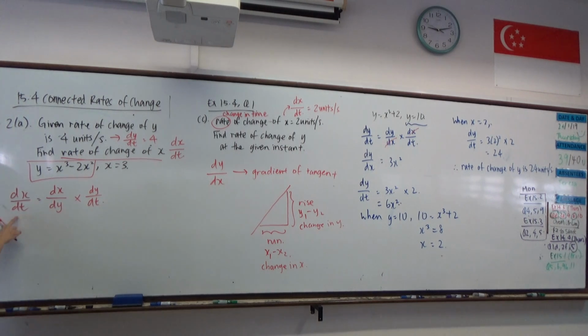Actually dx over dy is 1 over dy over dx, in a very crude sense. It is the reciprocal: dx over dy is equivalent to the reciprocal of dy over dx.